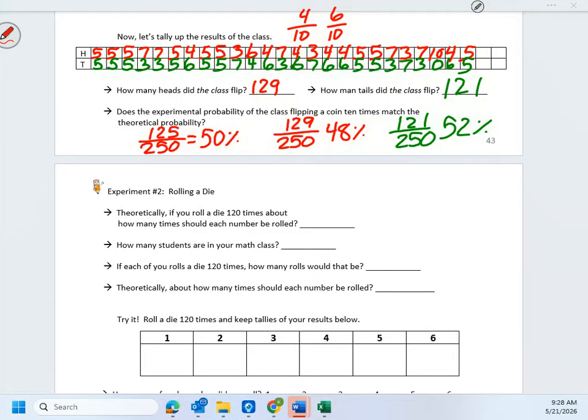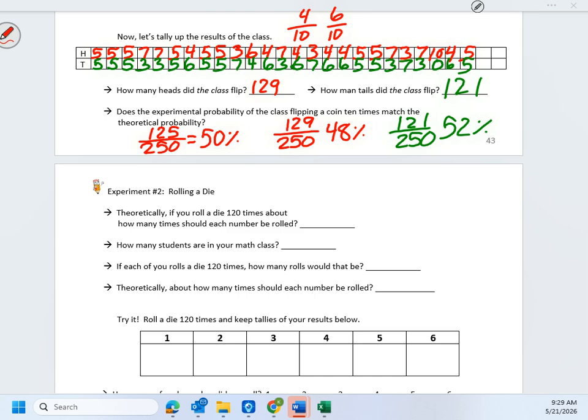So put your heads over the total, put the tails over the total, and figure out what your percentage was. How close were you to 50%? Now, obviously, our friends who got 5 and 5 were spot on with that 50%, but a lot of us weren't 5 and 5. How close did you get with your individual probability to the theoretical probability?